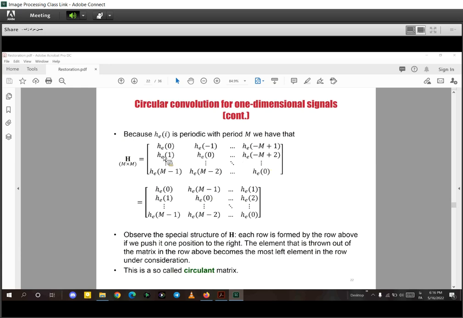Okay, here you start with H1 and here H minus M, plus a shift from here to here for the row. That's right. This is a so-called circulant matrix. Okay, we are talking about circular convolution. This is a circulant.